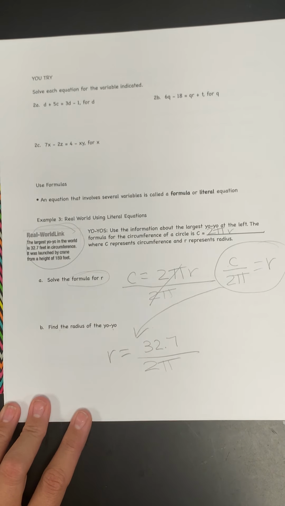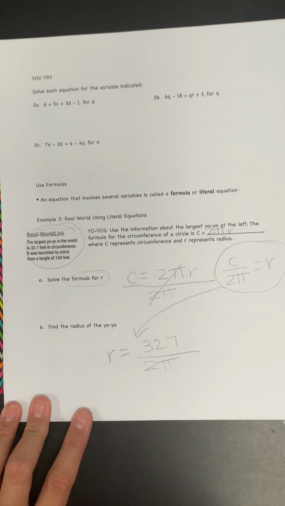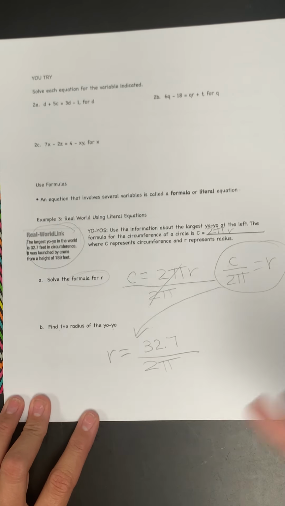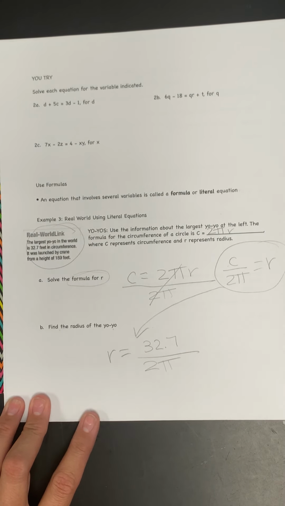If you want to represent 2 pi as 3.14, that is fine. Just know that with pi, the more decimals that you use, the more accurate your answer is going to be. So for time's sake, we're just going to do 3.14. You can also do 2 pi in your calculator, and it will give you a more accurate answer as well.